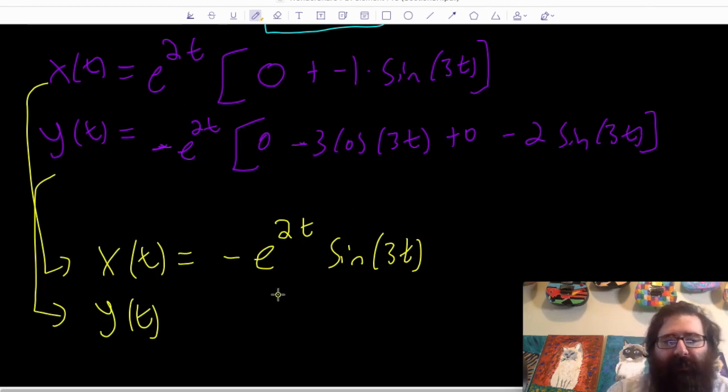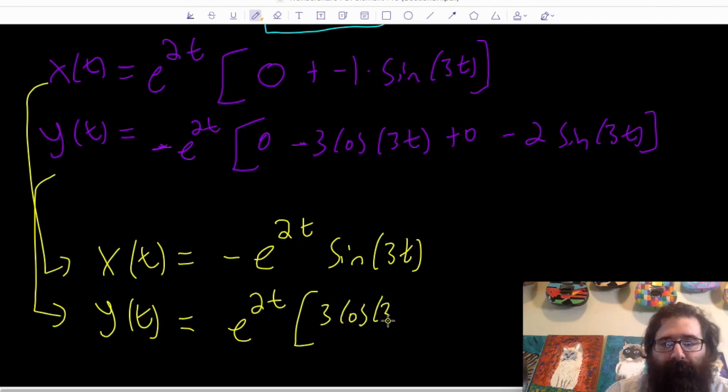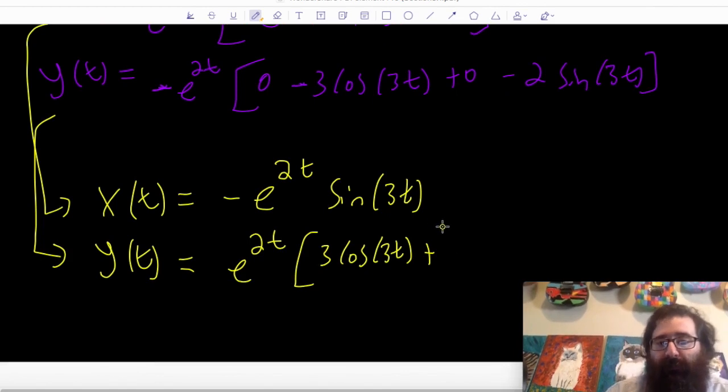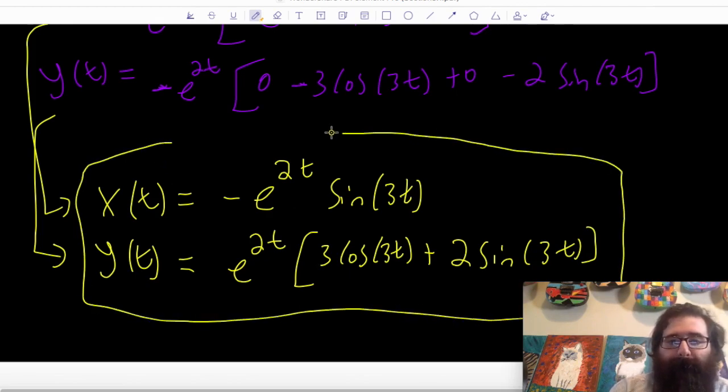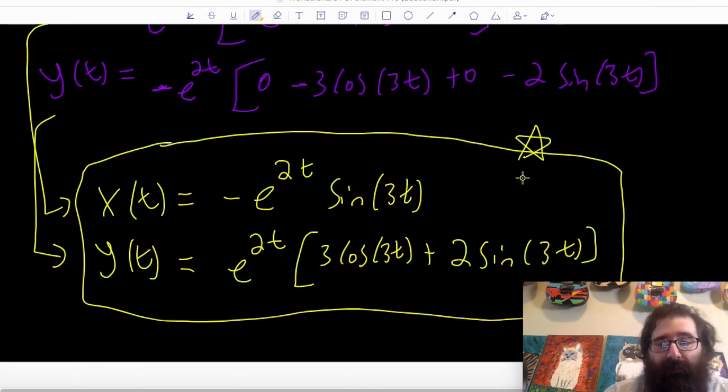Bring that minus sign in. I should resolve just to give me e to the 2t times, in parentheses, 3 cosine 3t plus 2 sine 3t. And this looks great. So here we have our particular solutions on x at t and y at t.